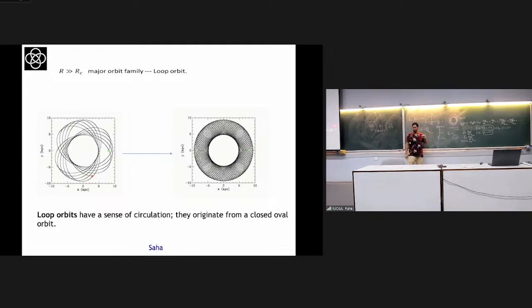Simple. If it is like that, then we can think about a logarithmic potential such that phi equals Vc squared by 2 ln of Rc squared plus x squared plus y squared by e squared.